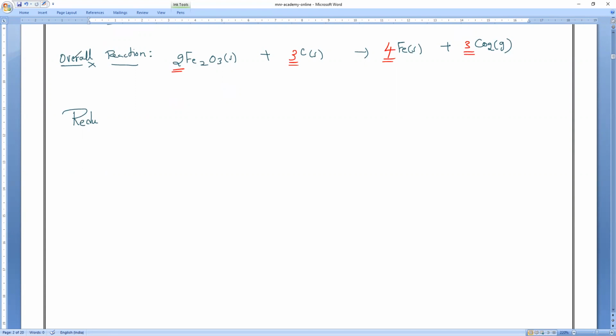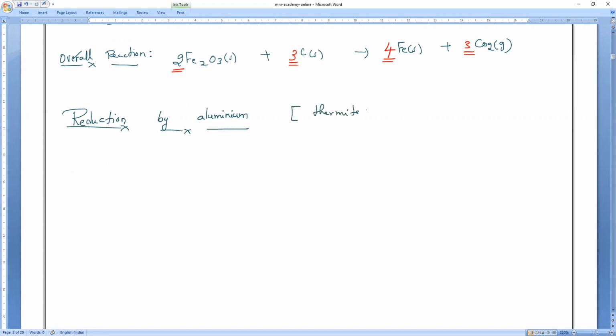You can keep it as a heading and write it: reduction by aluminum. Instead of carbon, we go with aluminum. This is the most important reaction, which we call the thermite reaction.